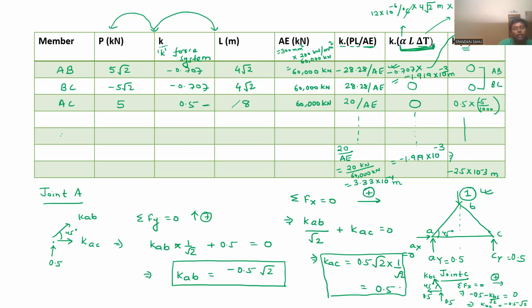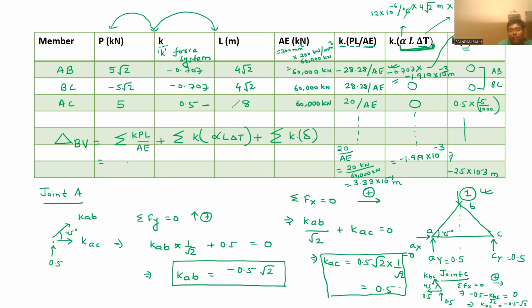Now, the delta for joint B in vertical direction will be the summation of the external forces that will cause some displacement, the summation of the temperature cases if there is, and the summation for lack of fit, and we do have lack of fit for AC.